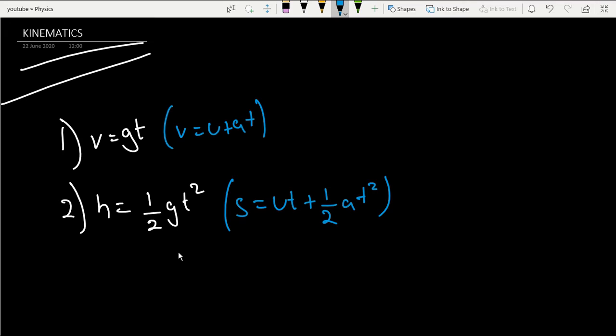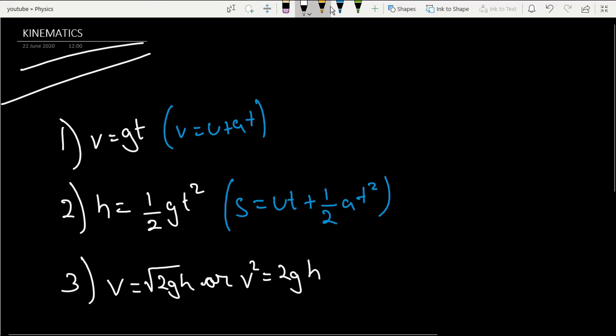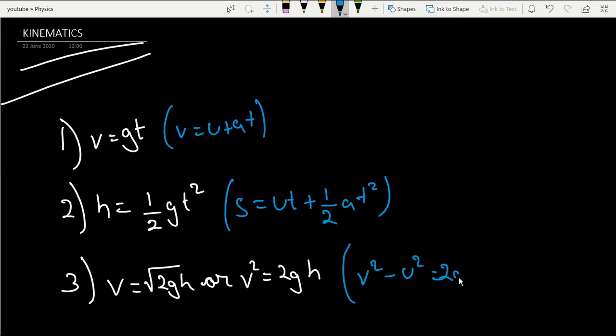And the third equation became v is equal to root 2gh, or v square is equal to 2gh, which actually was v square minus u square is equal to 2as. Simple. So these are the three equations when a body is freely falling. Okay, so let's see some questions.